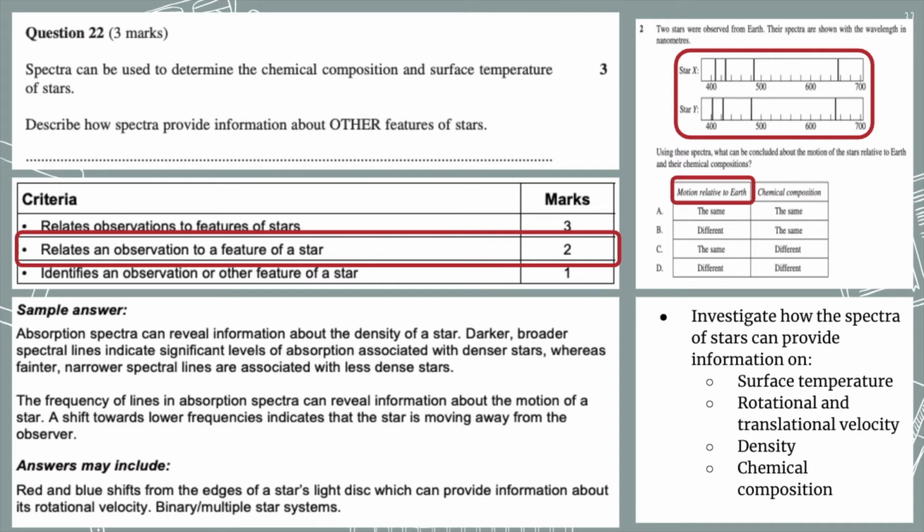Lower frequencies indicating that the star is moving away from the observer, so we are having a redshift effect take place. If we want to talk about the rotational velocity, we will talk about the broadening of spectral lines due to the red and blue shift occurring as a result of the star spinning relative to the observer. So there's an example of how the stimulus from the multiple choice section can assist me in completing some of the extended response questions.